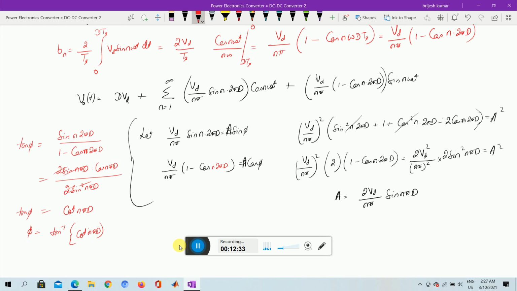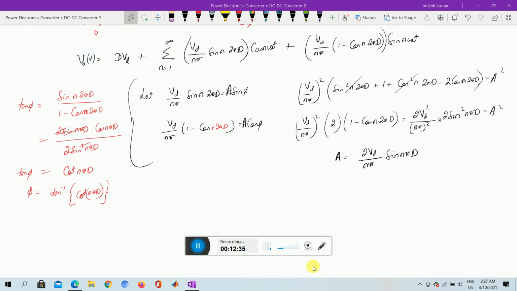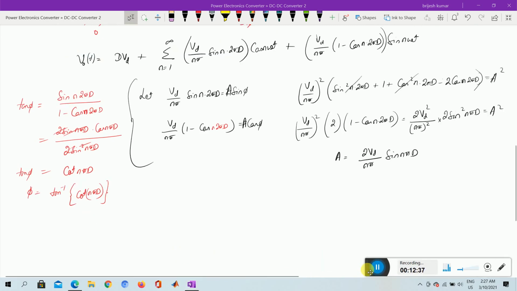So once we get this value, we can substitute here, and we can write this equation as v0(t) is equal to this, V times of Vd.